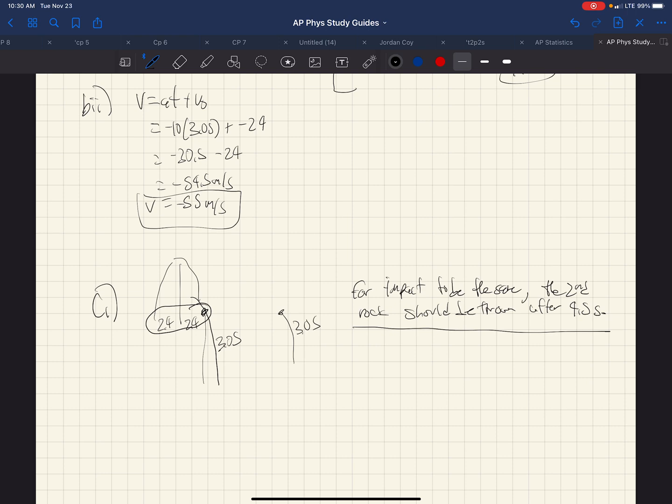The explanation of why is that the behavior of the second rock, velocity and delta z, is the same as the first rock after it returns to the same height.